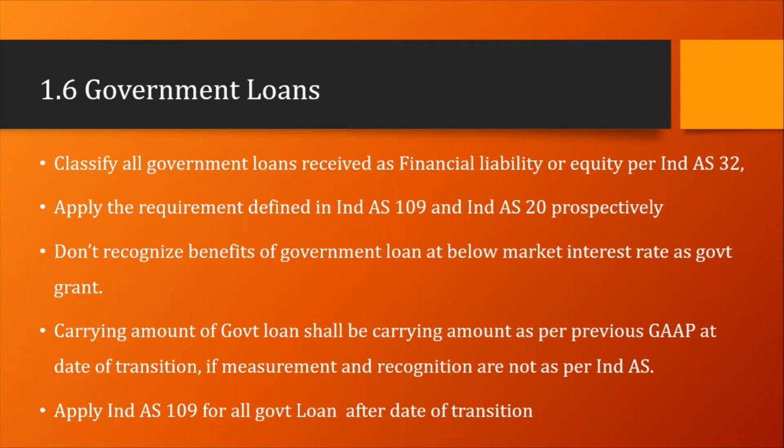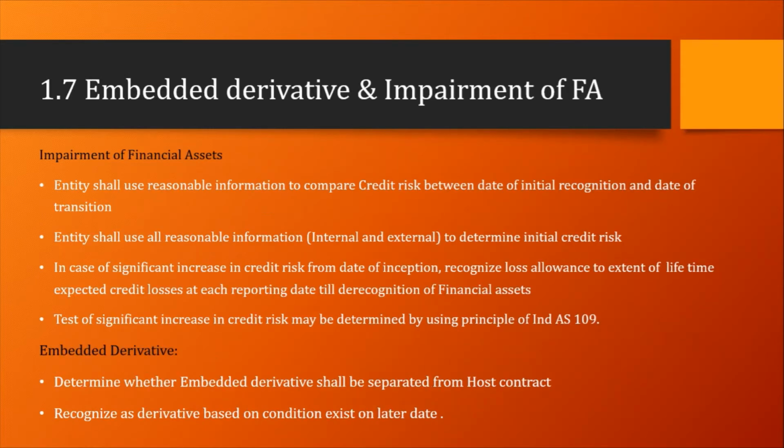Now come to the next point, which is last. Topic number 1.7, embedded derivatives and impairment of financial assets. So first of all, we discuss the impairment of financial assets. For impairment of financial assets, the first-time adopter entity first uses reasonable information to compare the credit risk between the date of initial recognition and the date of transition.